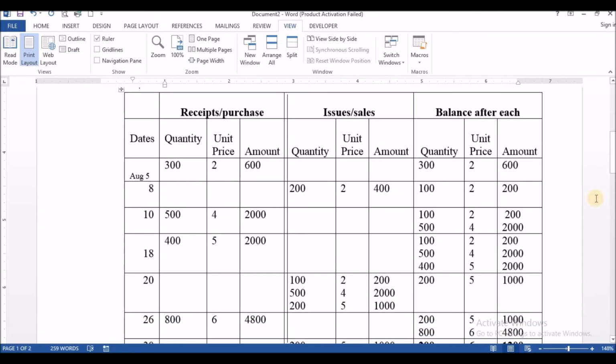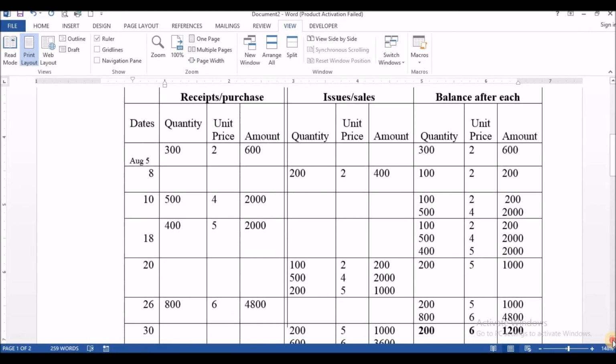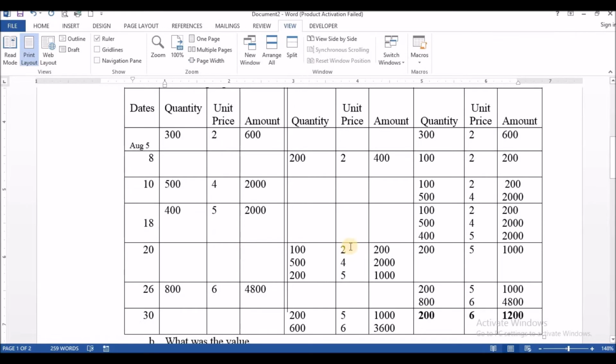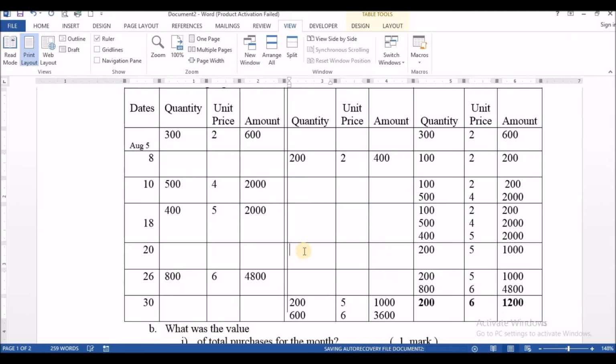So here, this would not change. This would not change right here. The change would come right here. So let me erase this part. Alright, so let's look now.